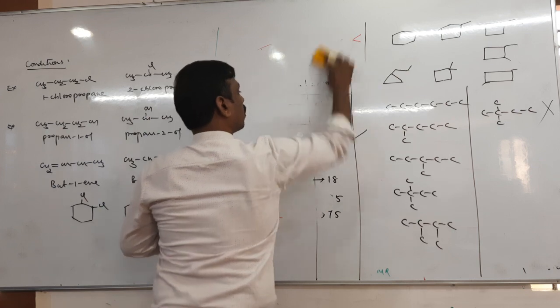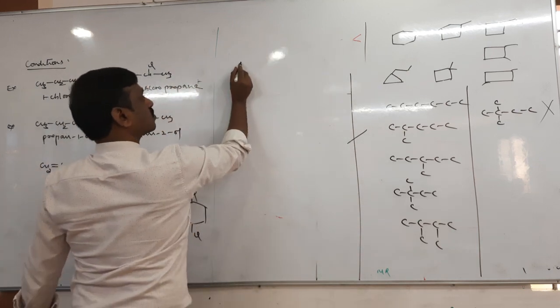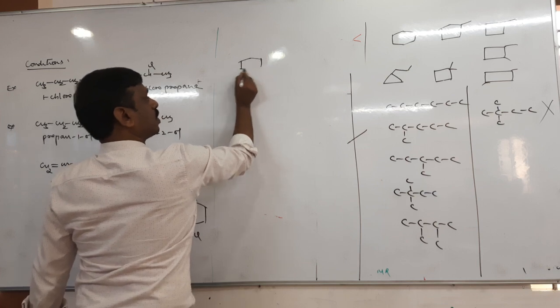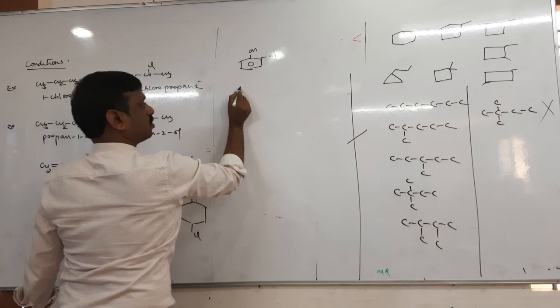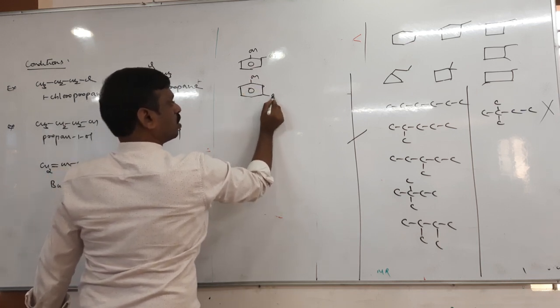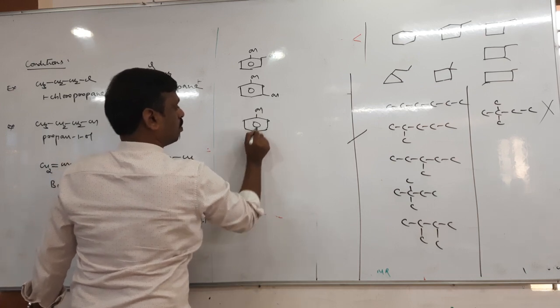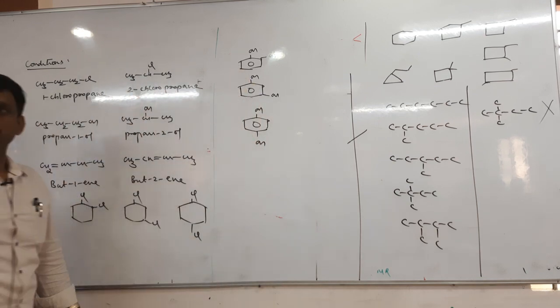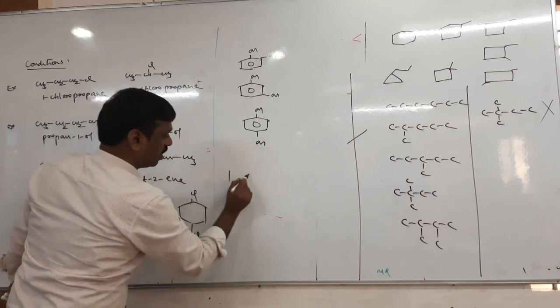Catechol, resorcinol, quinol. Example for what? Catechol: 2 OH groups are adjacent. Resorcinol: 2 OH groups are meta. Quinol: 2 OH groups are para. They are examples for positional isomers. Ortho-xylene, meta-xylene, para-xylene.